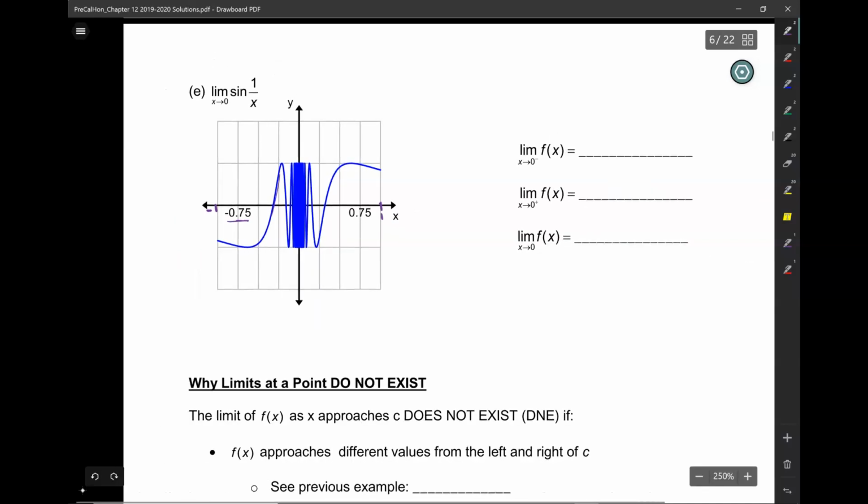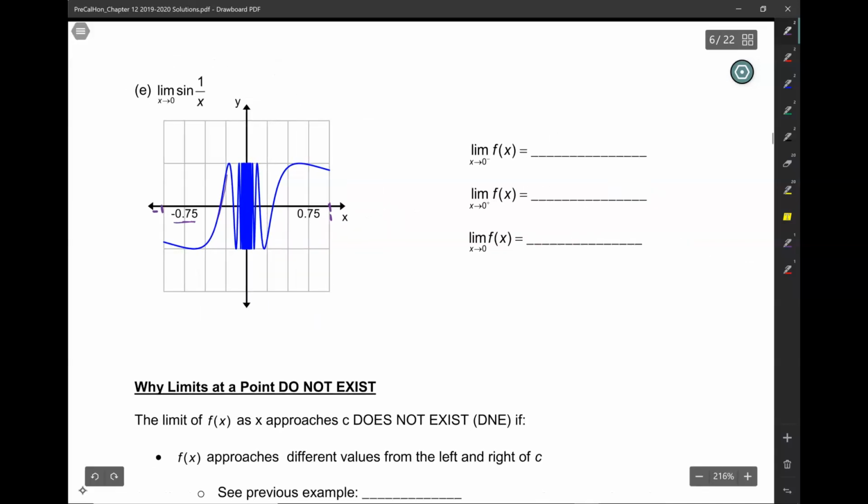No. Do you know where it is immediately to the right of 0? No. So, this is DNE all around. Right? And the reason why it's DNE is because there is no way of knowing where that y value is, because the function is oscillating so quickly.